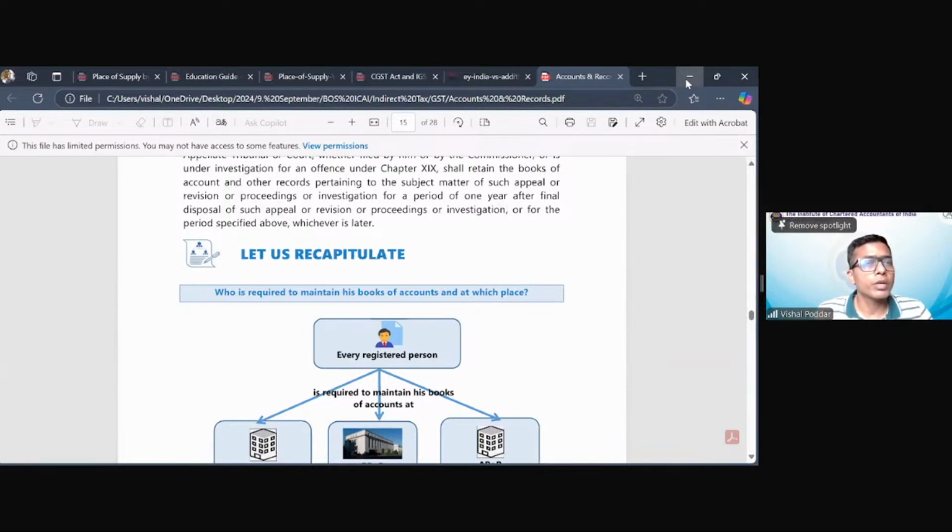Saba, beta, whatever is your doubt on any page number, please, if possible, show me the page. It would be easy. Pallavi is asking, sir, consecutive serial number 16 digit, IRN 64 digit. See, 16 digit serial number means when you are preparing your invoice, when you are preparing any document, on that document, you have to put a serial number, a series. Like if you go to market and you buy anything, you see the bill number as 1468.